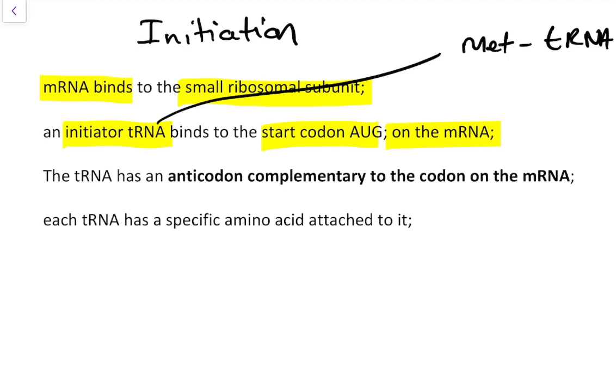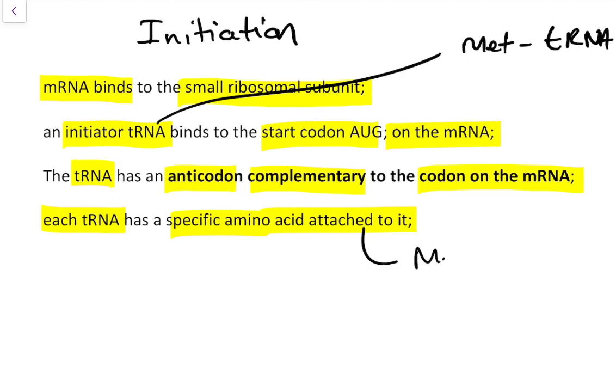Now the tRNA has an anticodon which is complementary to the codon on the mRNA. And each tRNA has a specific amino acid attached to it. In this case, it was methionine.